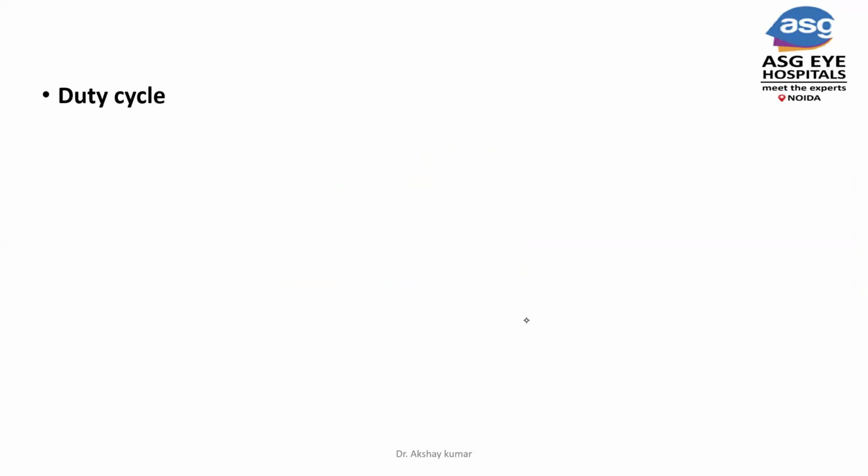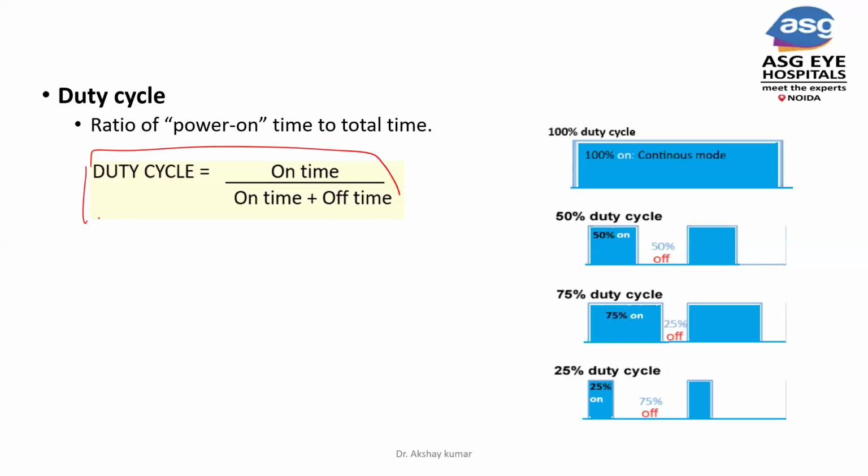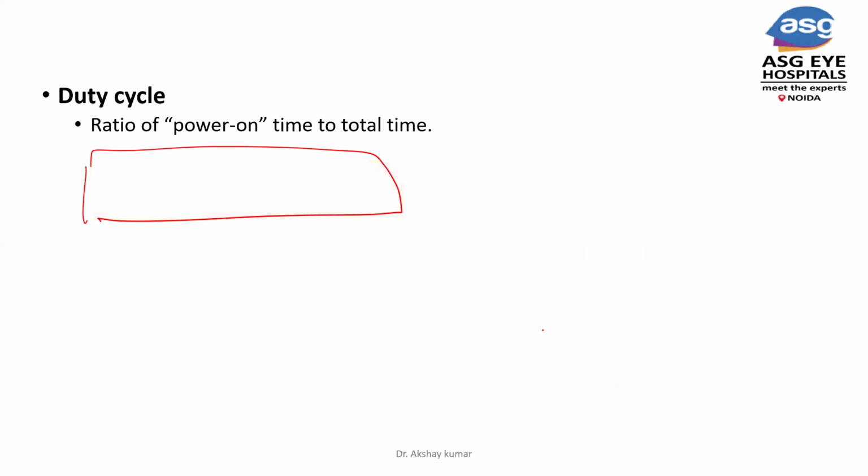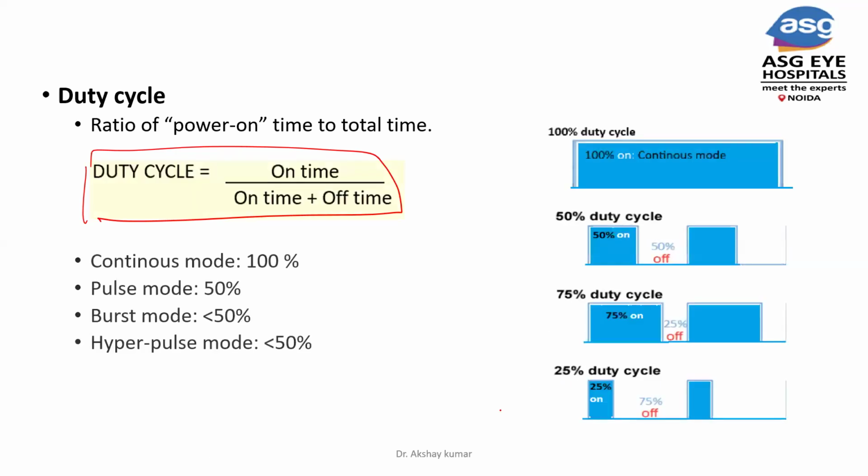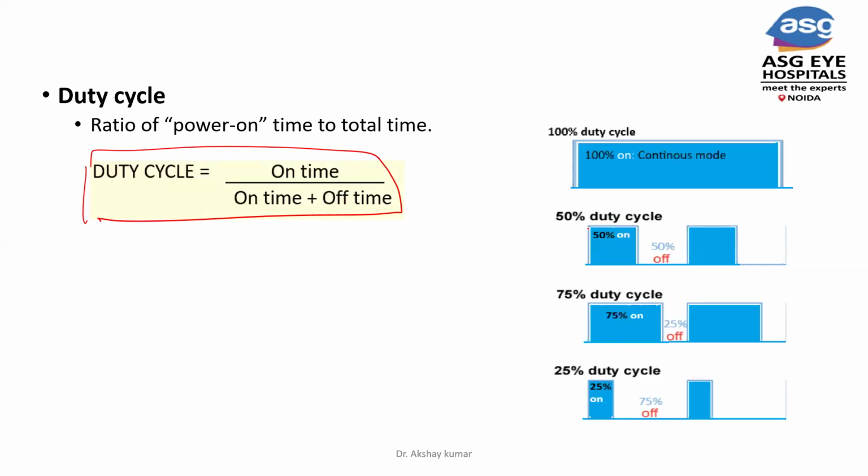Next term is duty cycle, which you need to understand. It is the total on time upon total on time plus off time in a single cycle. For example, suppose you have this single cycle from here to here.